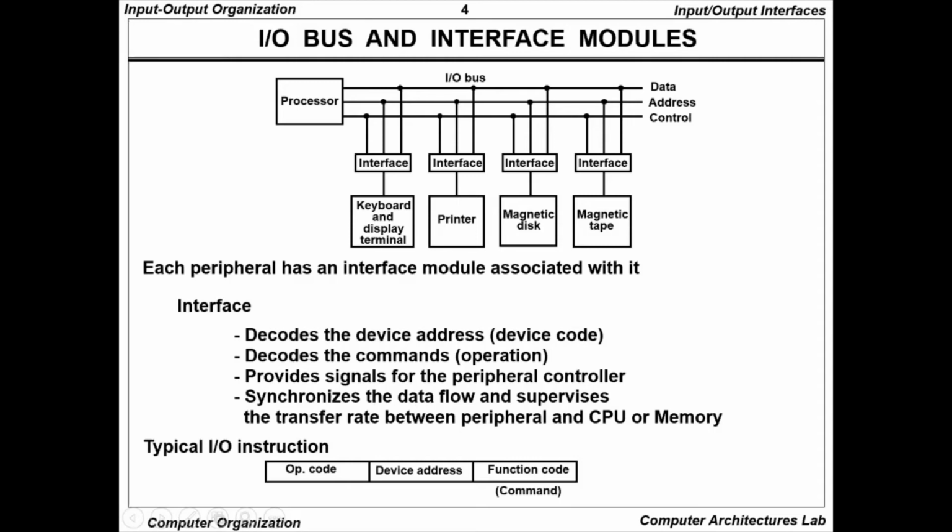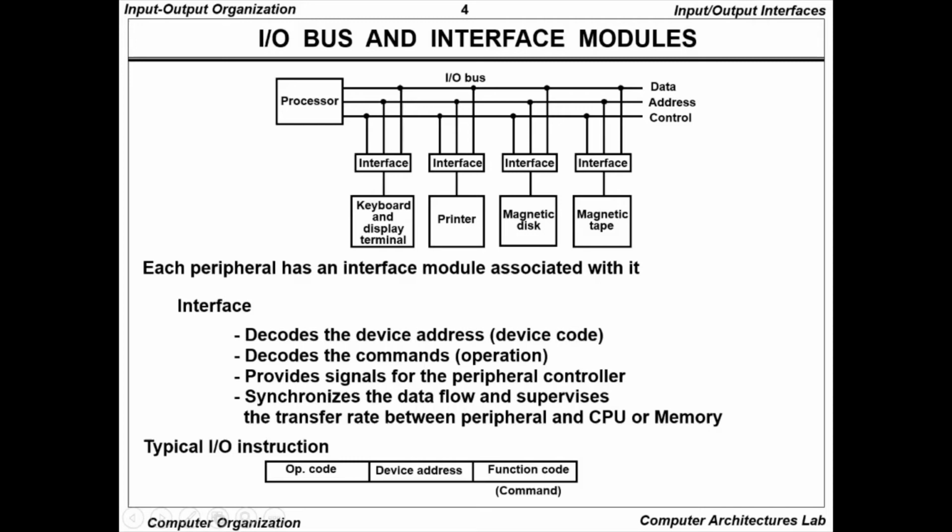The interface is the communication medium or connection medium which handles the connection, decoding or encoding, and is used to connect different devices like keyboard, printer, magnetic disk, magnetic tape, everything.